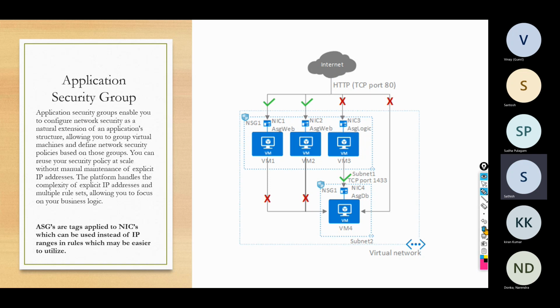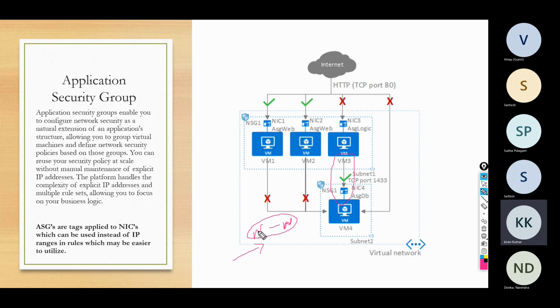Yes, Kiran. And coming to the major point now, VM3 to VM4 needs to communicate. So how do they communicate? First of all, they create a rule: network to network, any source, any protocol, any port number, deny.